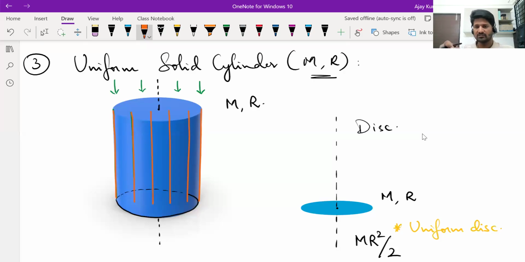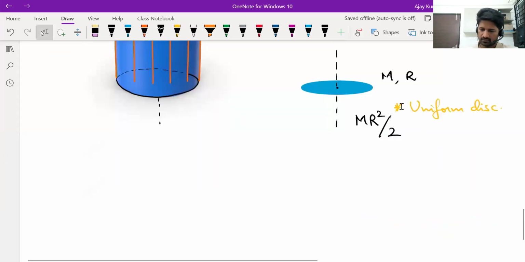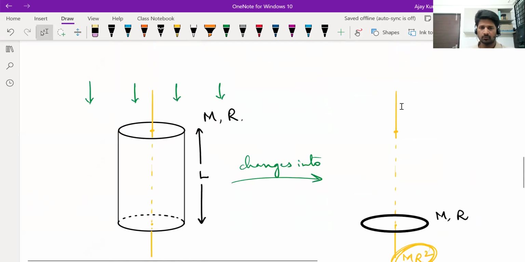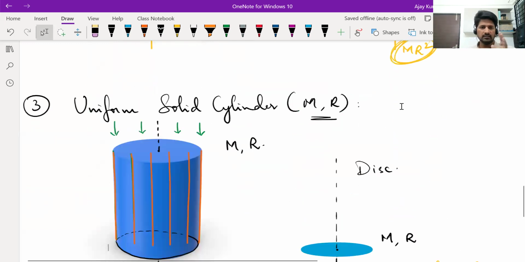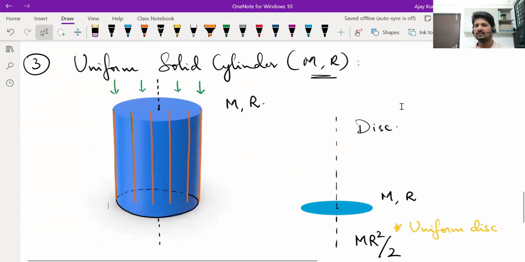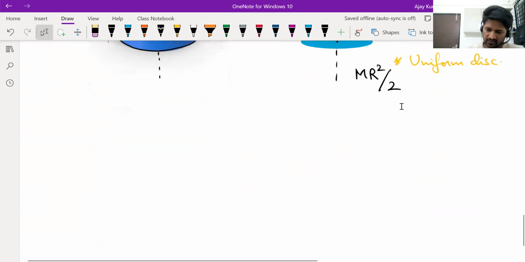You won't see more mass falling at some points on the disk and less mass at other points. Okay. Therefore, this assumption is valid. And the answer is mr square by 2. Okay. So remember, hollow cylinder about its own axis is like a ring about its own axis. Solid cylinder about its own axis is like a disk about its own axis.